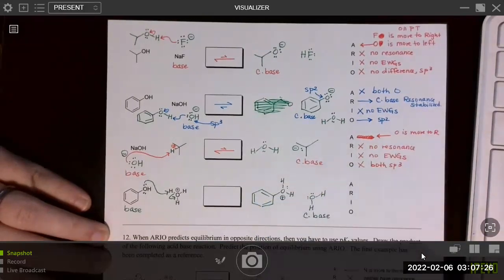So now we're not comparing atoms with a negative charge, however, we're still comparing atoms with a lone pair on the base. So we can still do the same analysis.